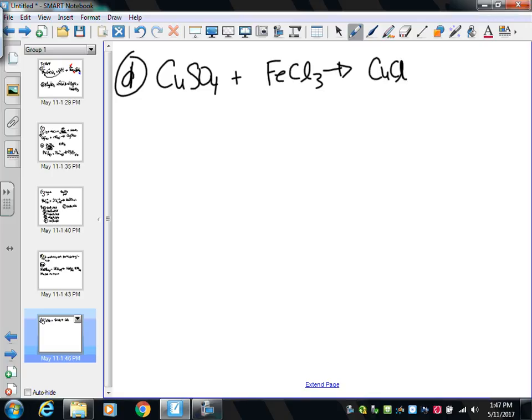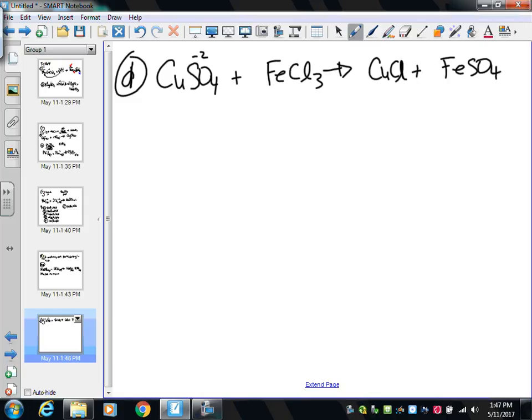Oh wait, this is CuCl and then FeSO4. Okay, so we need to look at charges here, because there's going to be some different ones going on. When I look up sulfate, what's my charge for sulfate? It's a -2.